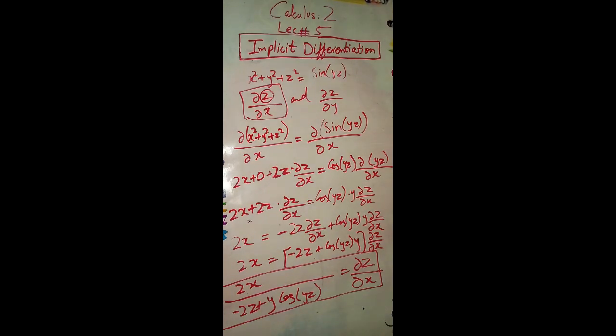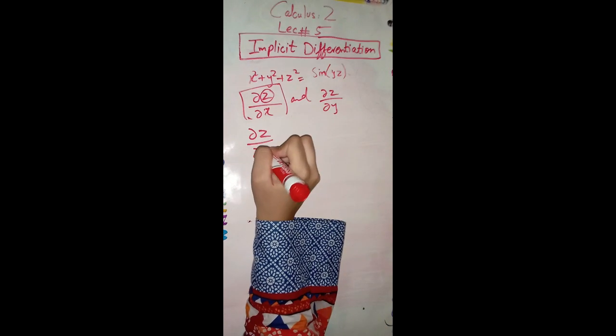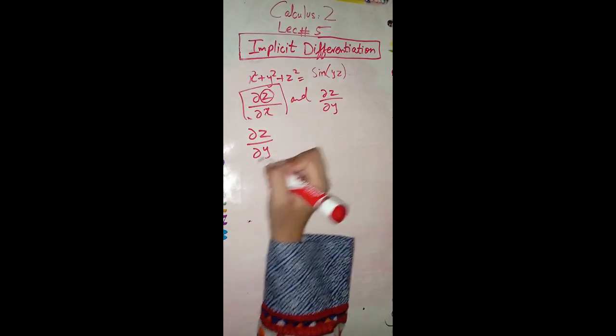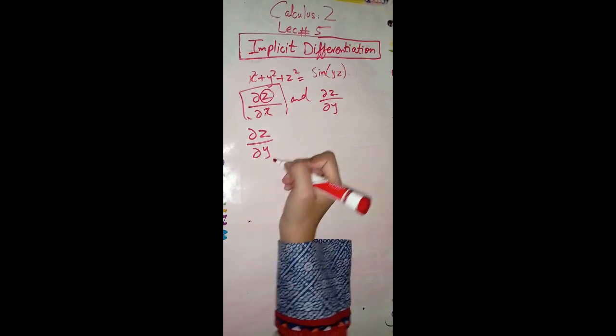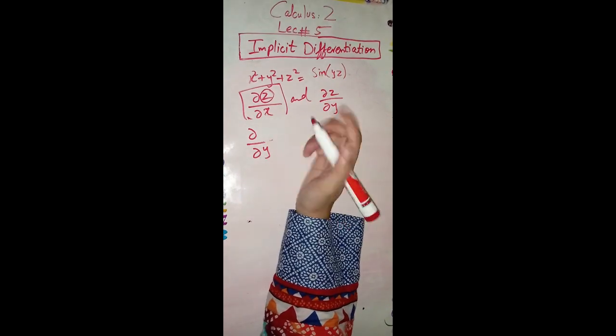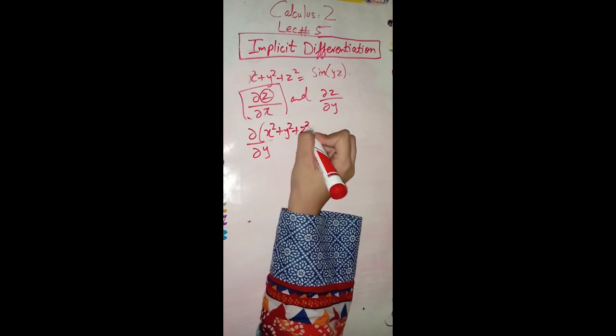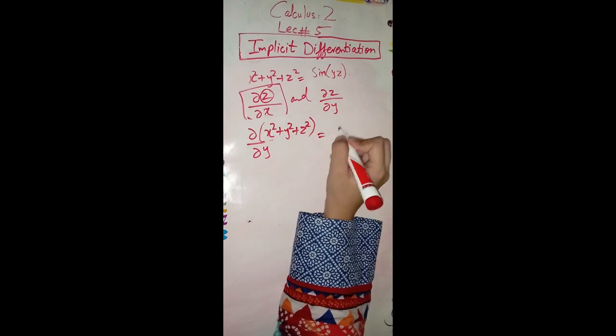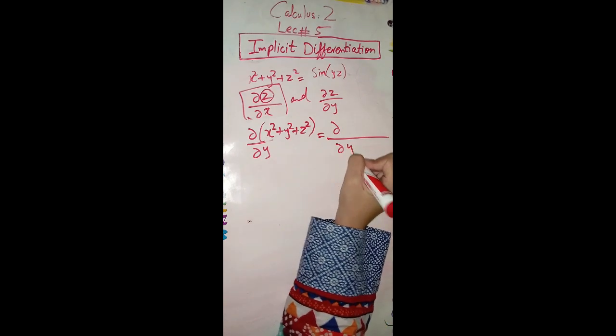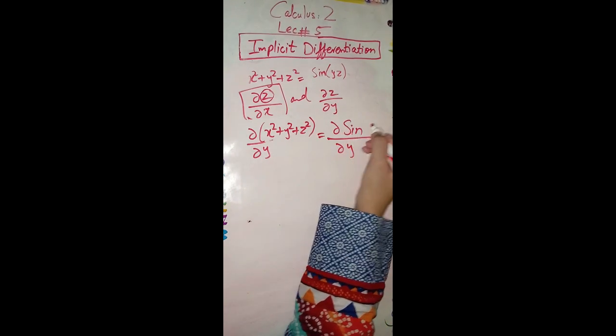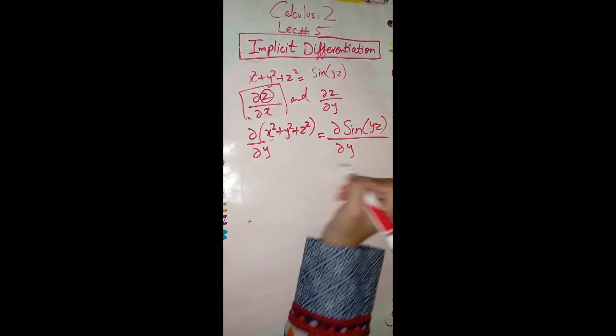Now we will find partial of z by partial of y. We will write our expression as partial by partial of y of x square plus y square plus z square, equal to partial by partial of y of our right hand side value, sine yz.